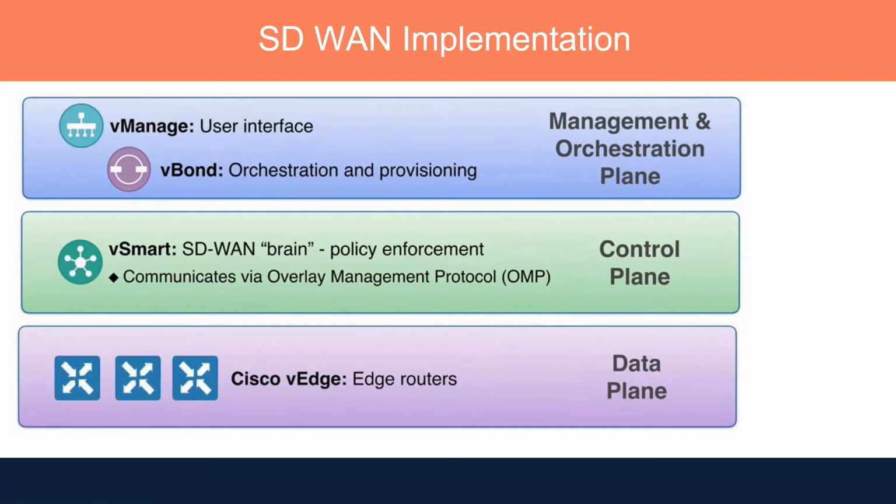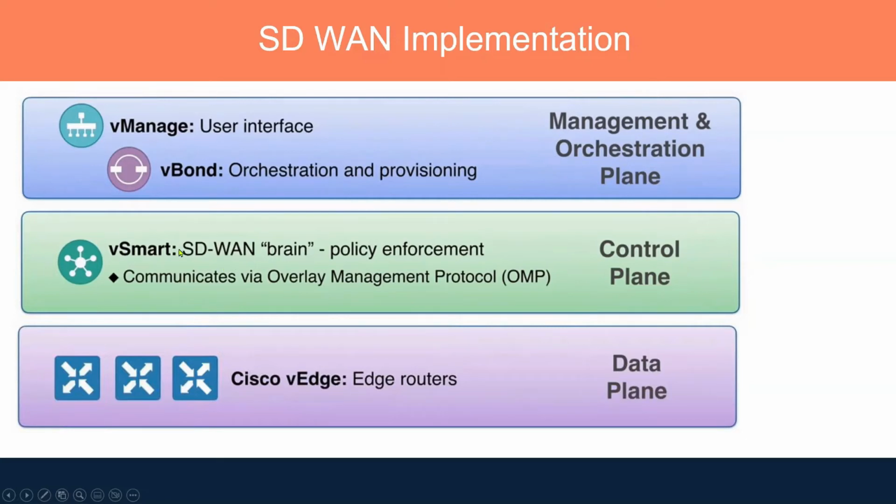Instead of going to each location one by one, you can use the automation script, and you can run that automation script with vBond. vBond is used for orchestration. So using this, you can run the automation script. Correct. So that's the use of the management and orchestration plane.